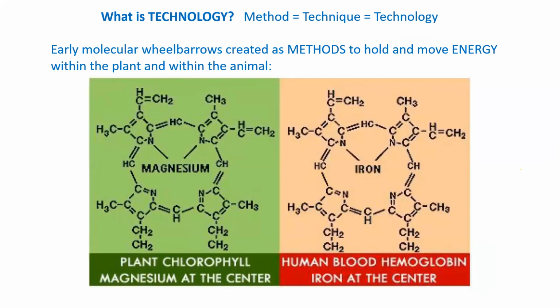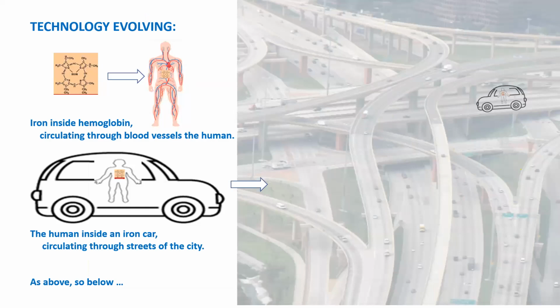Both of these are moving energy from one part of the acquisition of energy from the environment to distribute it inside to the subsystem of the living organism. In one case, plants, the other case, animals. We've done the same thing again as humans. Just as the iron inside the hemoglobin circulates through blood vessels in us, now the human inside an iron car circulates through streets of the city. It's essentially the identical process. As above, so below.